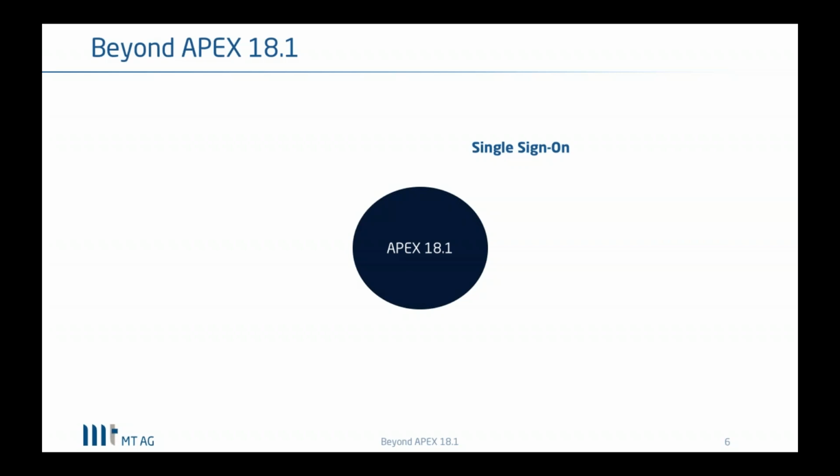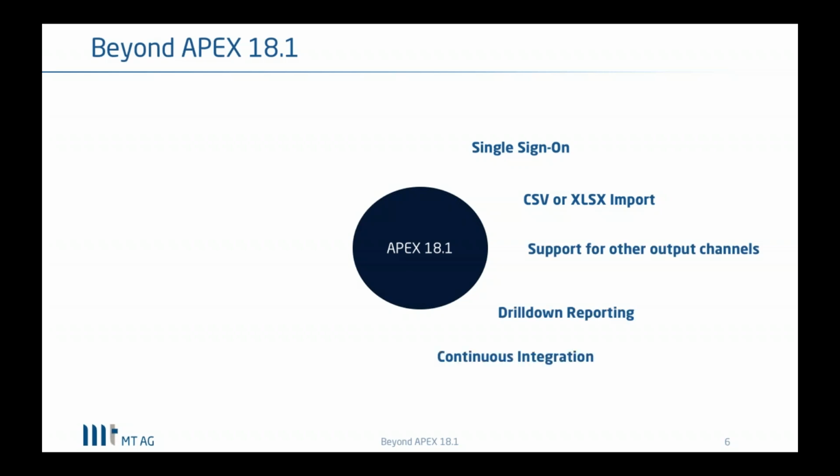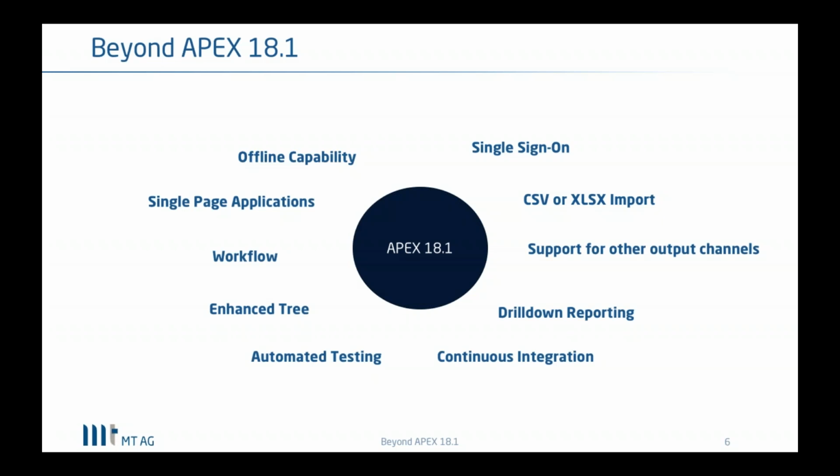These are typical scenarios like: put single sign-on in place, import CSV or XLSX, support for other output channels, doing drill down reporting, continuous integration, automated testing, enhanced tree, workflow possibilities, get a single page application in place, get offline capability in place, or work with WebSockets, which is a feature of HTML5.